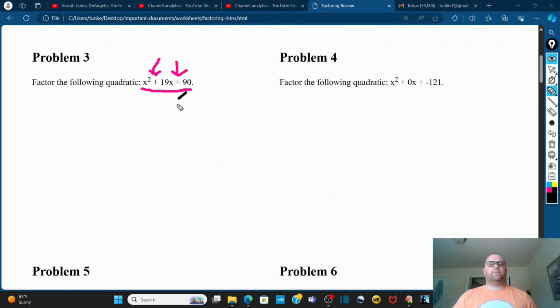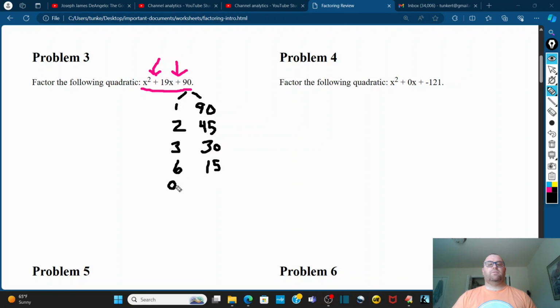So obviously we can multiply 1 by 90. But that's going to shoot me over. That's going to be 91. 2 by 45. Still too much. 3 by 30. Still too much. I think we got 6 and 15 here. Still too high.